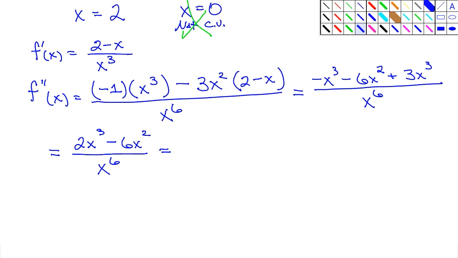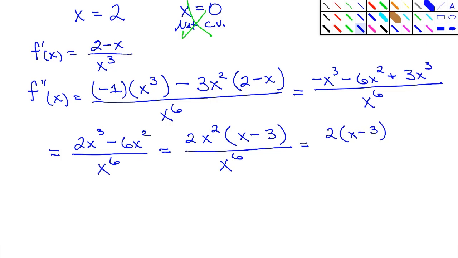Factor out 2 and x squared, and that leaves me with x minus 3 over x to the sixth, and that would be 2 times x minus 3 over x to the fourth. Now I don't need to set this equal to 0 and solve. I'm not really finding concavity. All I'm going to do is test the critical value inside this second derivative. So now we test.